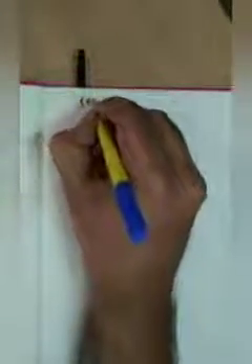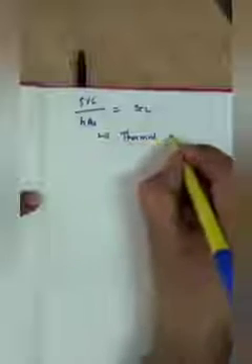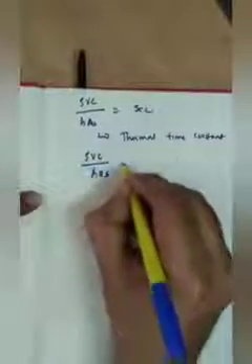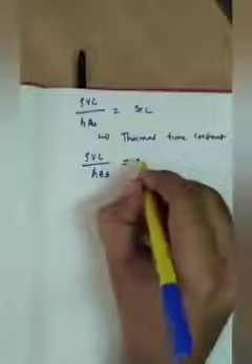Then, very interestingly, the unit of rho Vc by HAS is second, the same unit as time. This quantity rho Vc by HAS is known as thermal time constant, and it is represented as tau Th.